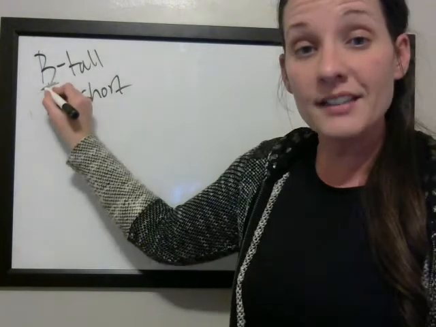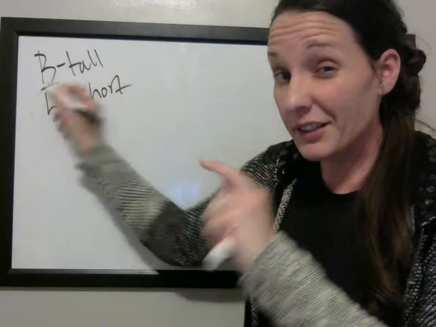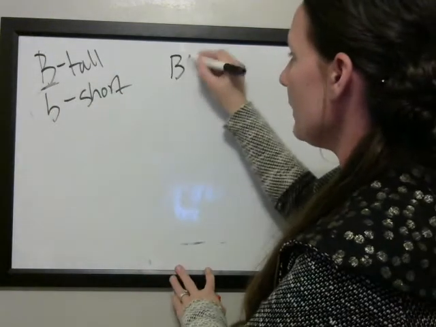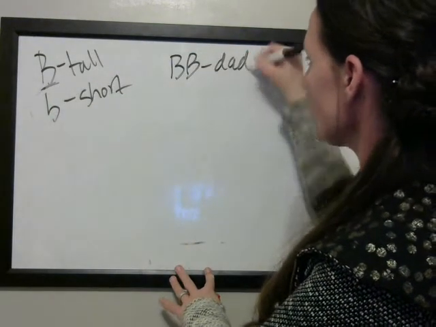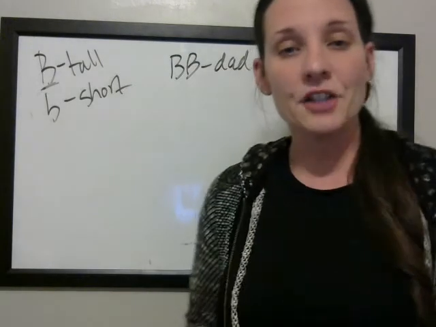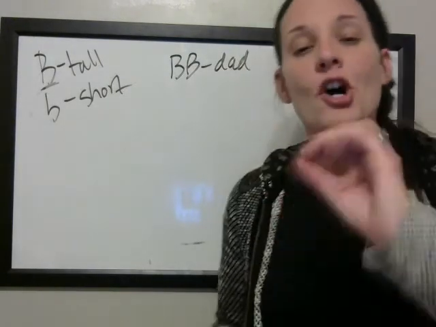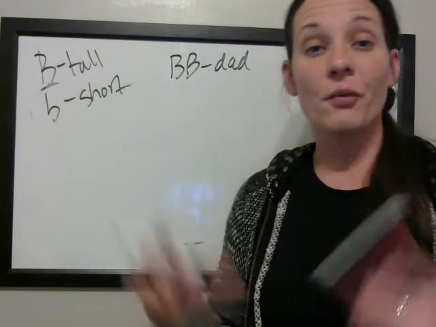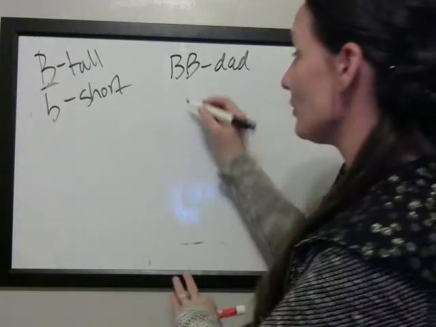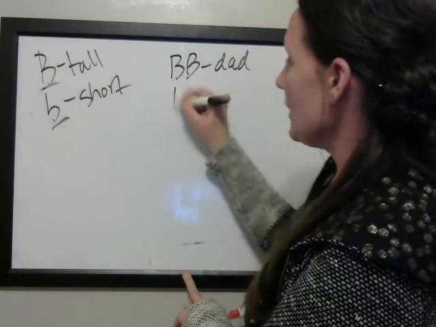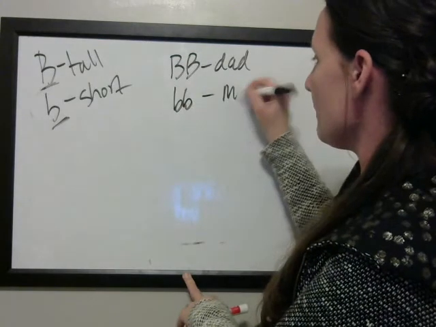Homozygous means same letters, dominant means big letters. So in this case, he has to be big B, big B. This is going to be dad. Mom, we're going to say, is homozygous recessive for shortness. So if mom is homozygous recessive for shortness, she's going to have 2 little b's. So this is going to be mom.